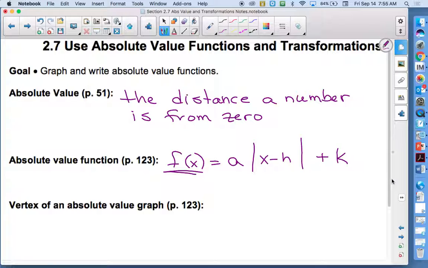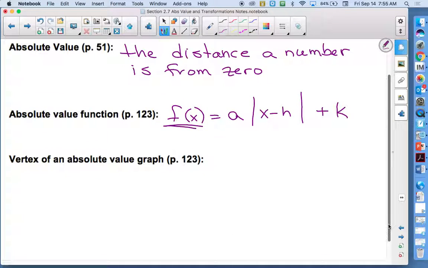The last part here talks about the vertex of the absolute value graph. Anybody know what a vertex is? Is it the highest or lowest point? It is the highest or lowest point, yeah.